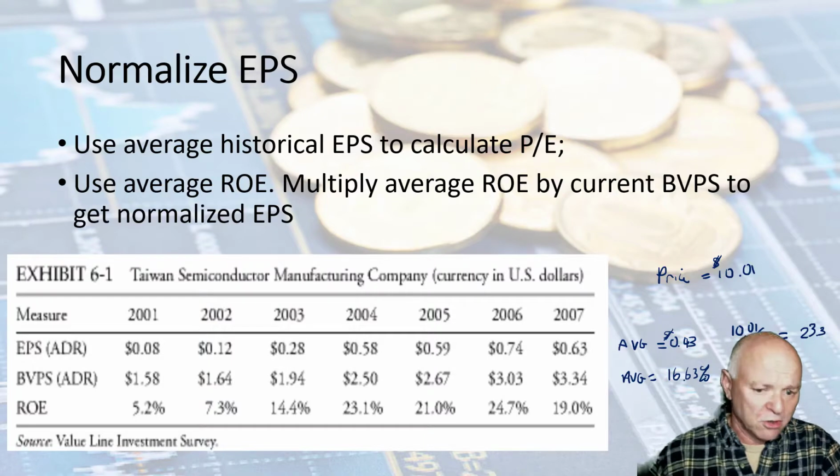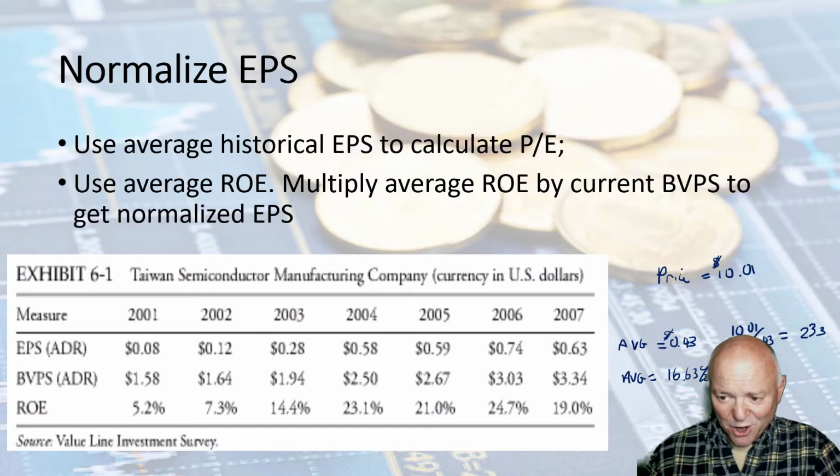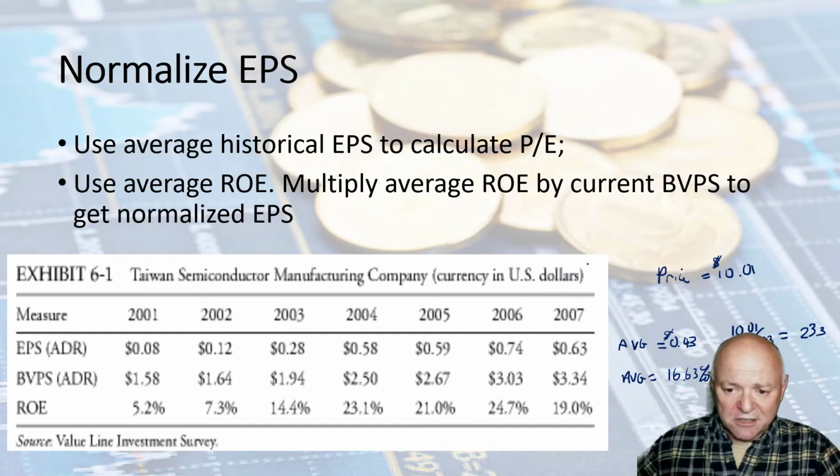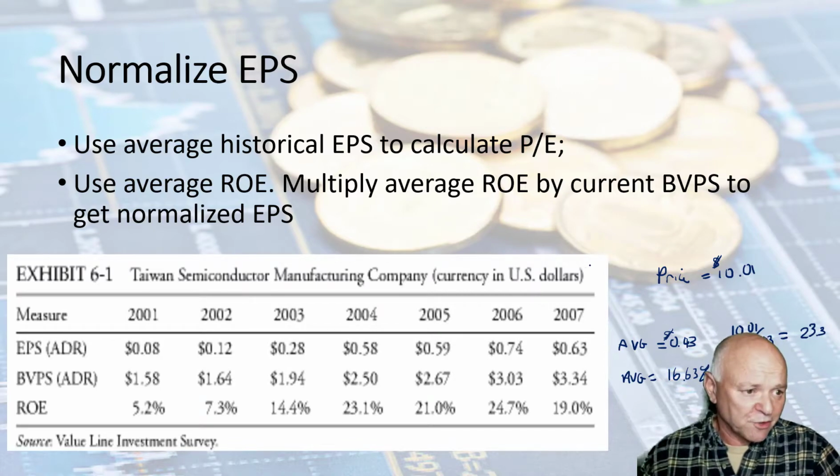That's the average ROE. I'm on the wrong line here, but you get the idea. So that's the ROE, which is quite volatile also over that period.